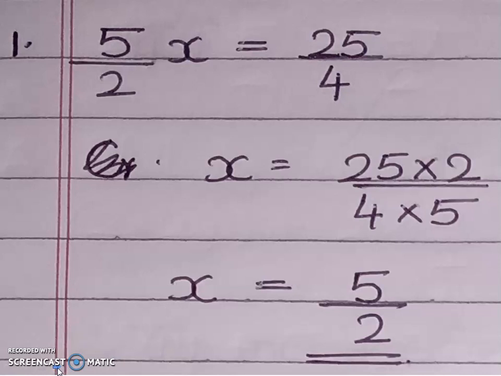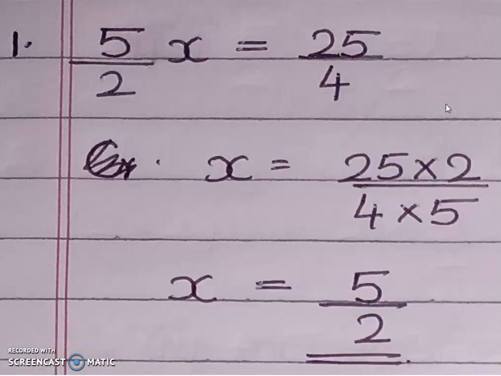So what will I do with that 5/2? 5/2 is multiplied there, isn't it? So when I take 5/2 to the other side, it becomes divided by 5/2. Isn't it? 25/4 divided by 5/2.